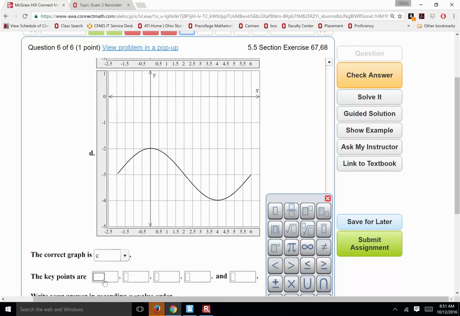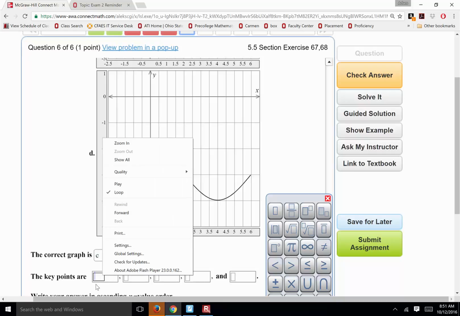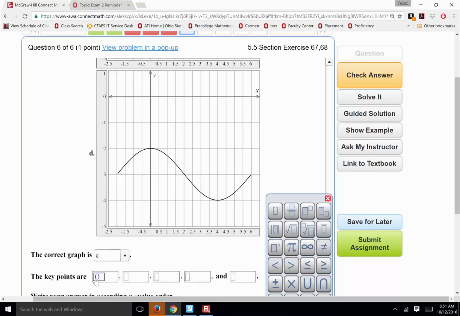Alright, the key points are again negative 2. These are so hard to type. Negative 2, negative 3. Check. 0, negative 4. Check. What was the third one? 2, negative 3.